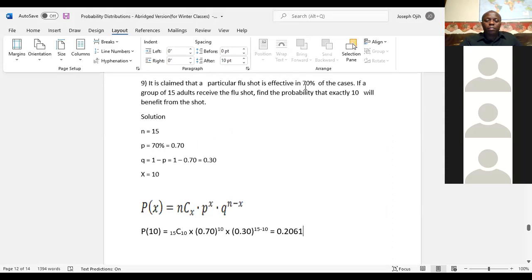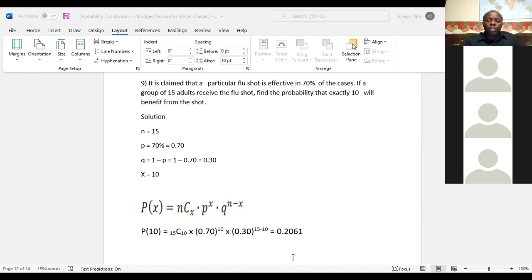It's claimed that a particular flu shot is effective in 70% of all the cases, so our P is 0.7. A group of 15 adults, so our N is 15. Find the probability that exactly 10. If you're using the table, you don't need the Q. All you need is N, P and X, which they call R in the table.